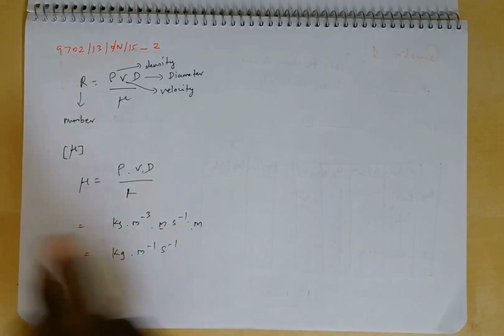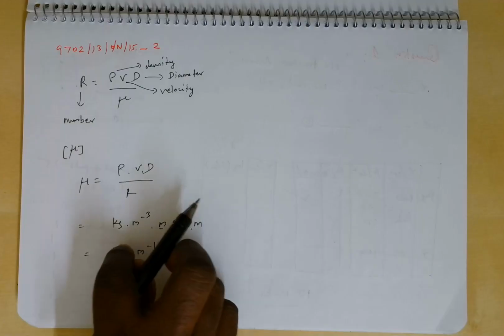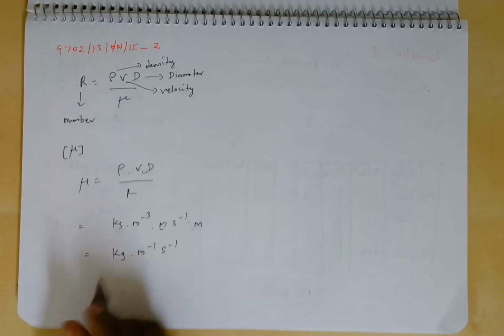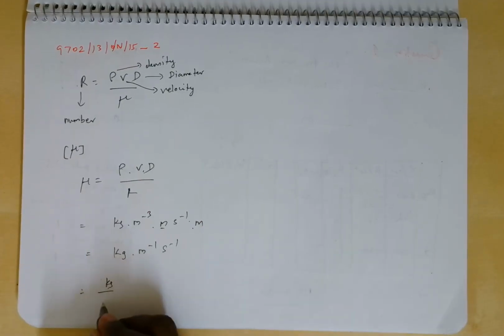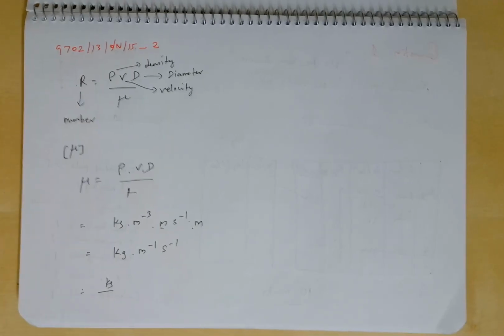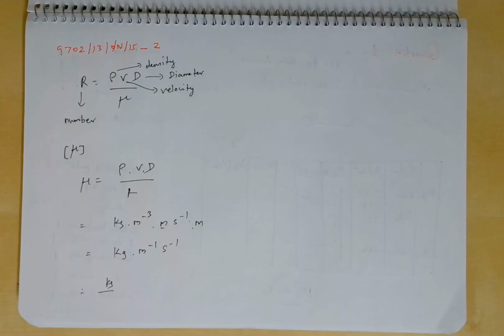How did you get kg minus 1? Because density is mass divided by volume, so kilogram per meter cube. If you divide by an inverse unit, then you will get everything multiplied again, right, sir?